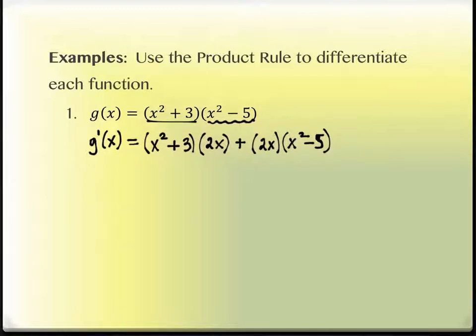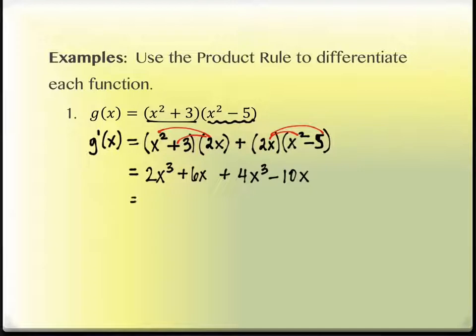Okay, and then we clean up as much as is possible for the problems we work with. On this one, we can clean it up quite a bit. So we're going to distribute. x squared times 2x would be 2x cubed. 3 times 2x would be 6x. We'll do the same thing over here. 2x times x squared would be 2x cubed. 2x times 5 is negative 10x.